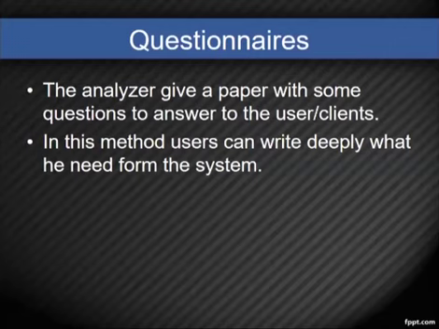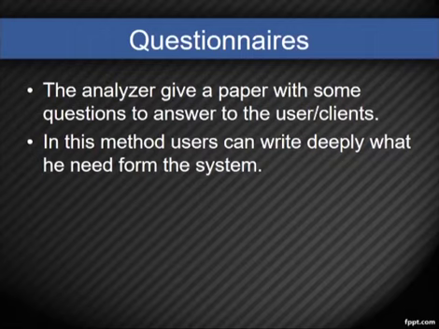Okay. The next one is questionnaires. Questionnaires is also a fact-finding method. In the questionnaire, the analyzer gives a question paper to the user to answer, to get the requirements of the system. Some users don't like to have interviews or observation.